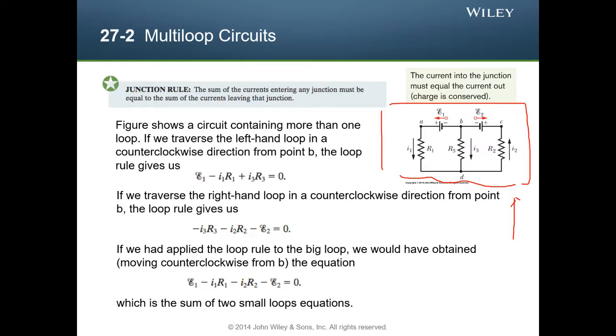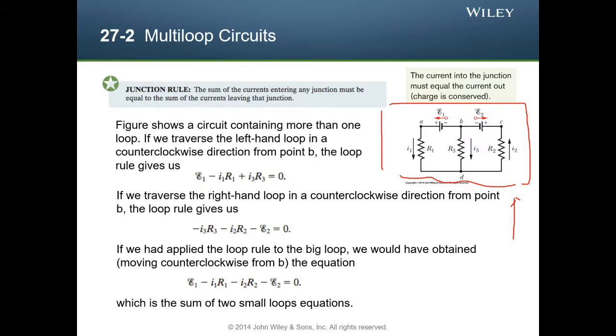The same values, I won't repeat them again. This is V1, V2, like this. So in this case, using the node equation is pretty tricky. We can call this one a supernode.